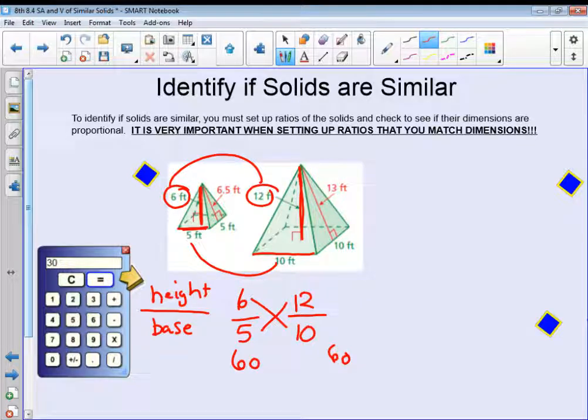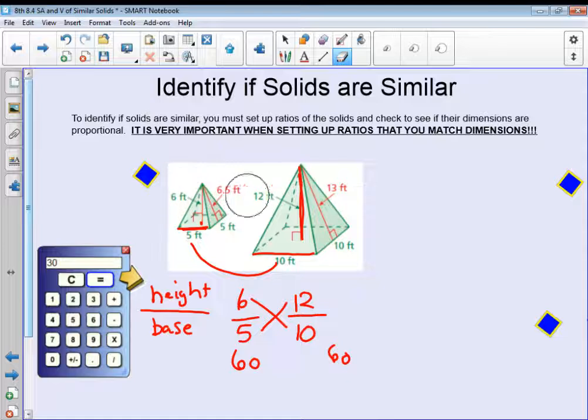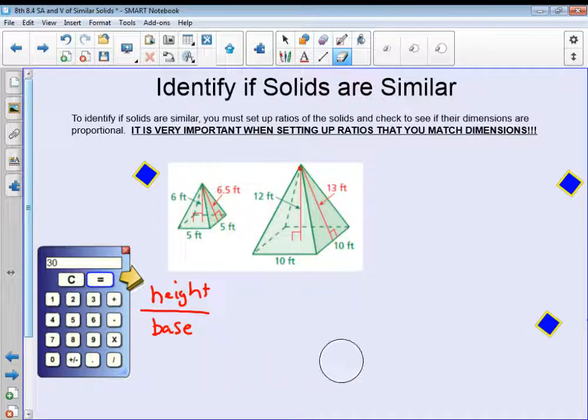Let's say I didn't know what to pull, and I had decided instead to pull my slant height. So let's do our height and our slant height. So I'm going to change this up. Granted, my cross products aren't going to be the same, but it should still tell me if they're proportional. So I'll pull height and slant height.